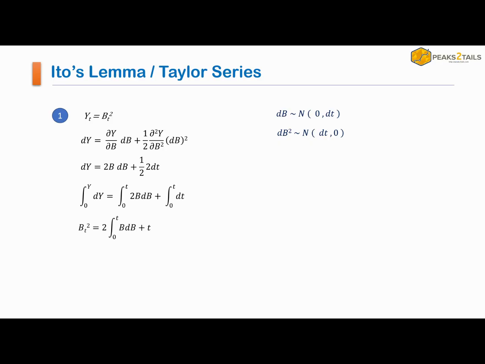The left hand side will become y, which is Bt squared, and on the right hand side we have 2 times the integral of B dB from 0 to t, and then the integration of dt is simply t. So we get the integration of B dB from 0 to t as half of Bt squared minus t. And this is what we wanted to calculate previously. We got this in an indirect fashion using Taylor series.